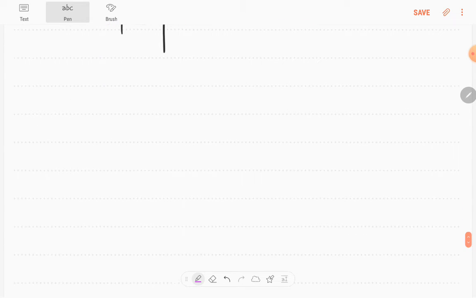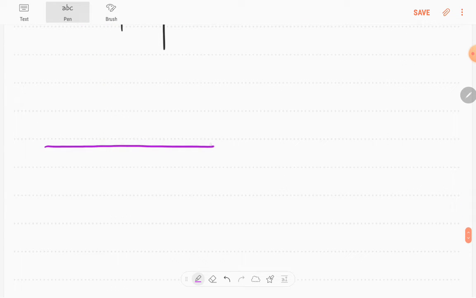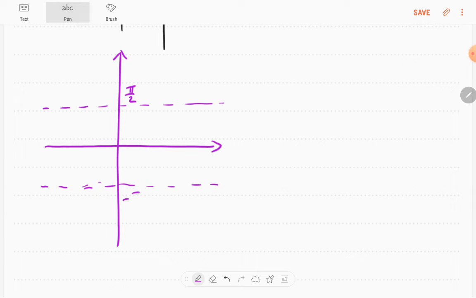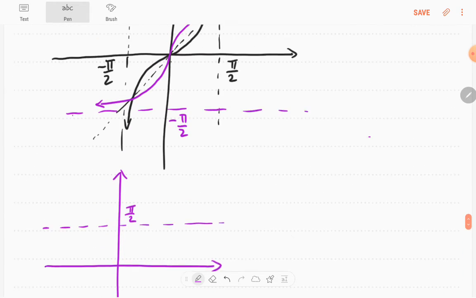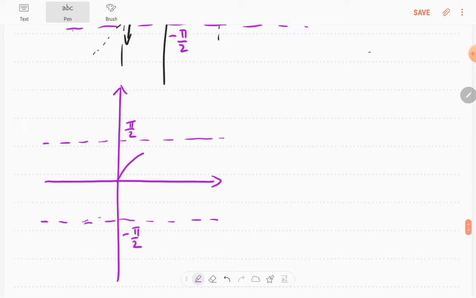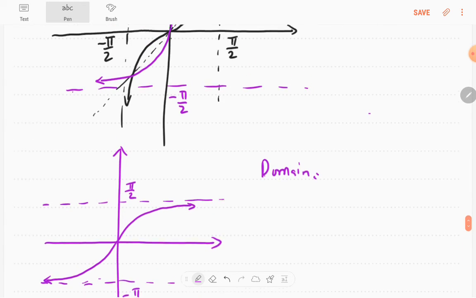So we can draw the graph separately to make it more clear. This is the graph. This is the pi over 2 horizontal asymptote. This is the negative pi over 2. So the graph will look like this. From the graph, we can see that the domain is the range of the tangent.